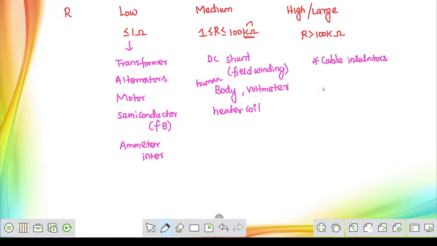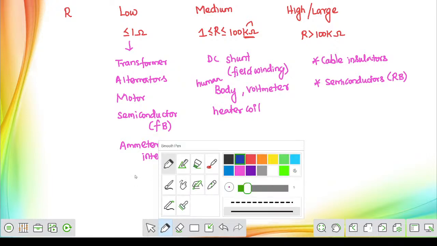And if you take a semiconductor in reverse bias, it also carries the same large value of resistance. Semiconductors, but they must work under reverse bias. That is very important, because in forward bias the internal resistance offered by the semiconductor is very less.